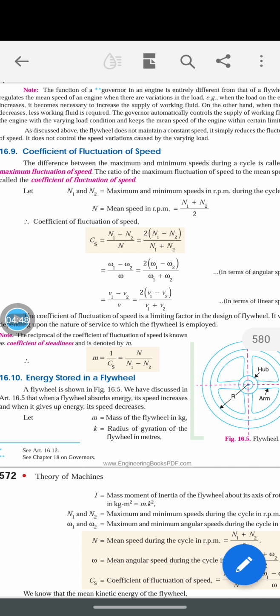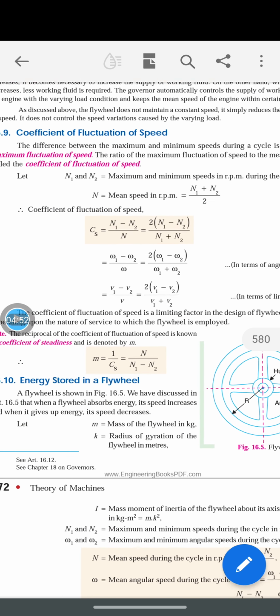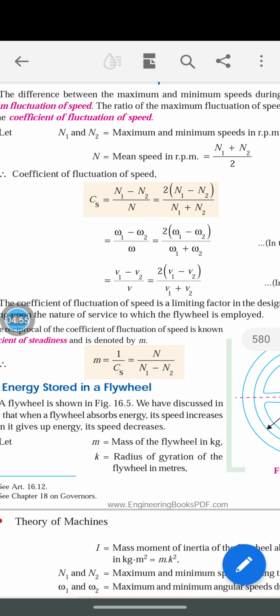CS can also be denoted in terms of speed, angular velocity and velocity. As you can clearly see on this page, CS is equal to N1 minus N2 by N. If we substitute N equal to N1 plus N2 by 2, then the formula becomes CS equal to 2 into N1 minus N2 by N1 plus N2.